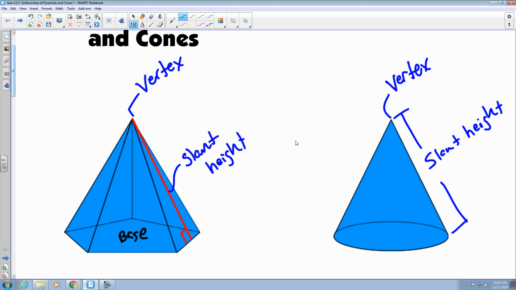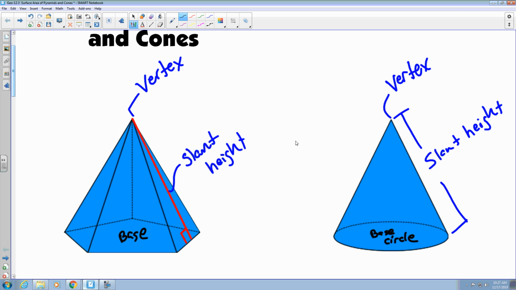On the right, we have a cone, which is similar to a pyramid. It goes to a point, but the base is a circle. So mainly, the big difference is that one has a polygon and one has a circle for a base.